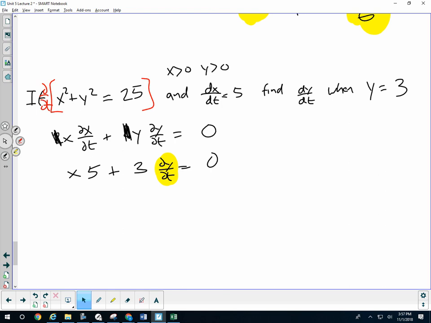Figure out with your neighbors, how do you find that x? You can solve for x, but I want to find dy/dt. Yeah, but I got to find x.